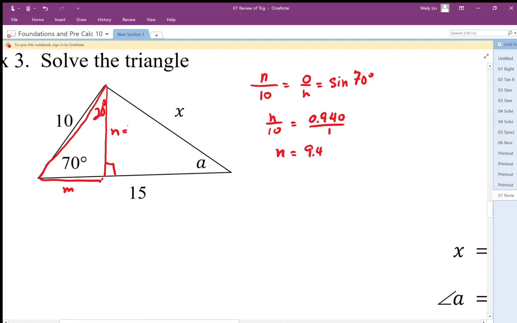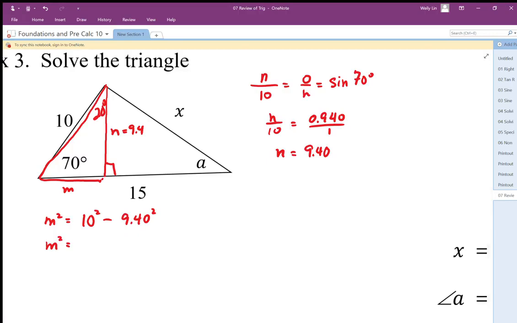This is a key measurement in this triangle, because now we can relate it to the right triangle. So I'm going to solve for M first. M squared, since it's a shorter side of the right triangle, we're going to subtract: it's always the longest side, subtract one of the shorter sides. So 9.4 squared. Once we start rounding, we're going to start introducing some errors, so depending on your rounding, you might have a slightly different solution than I do.